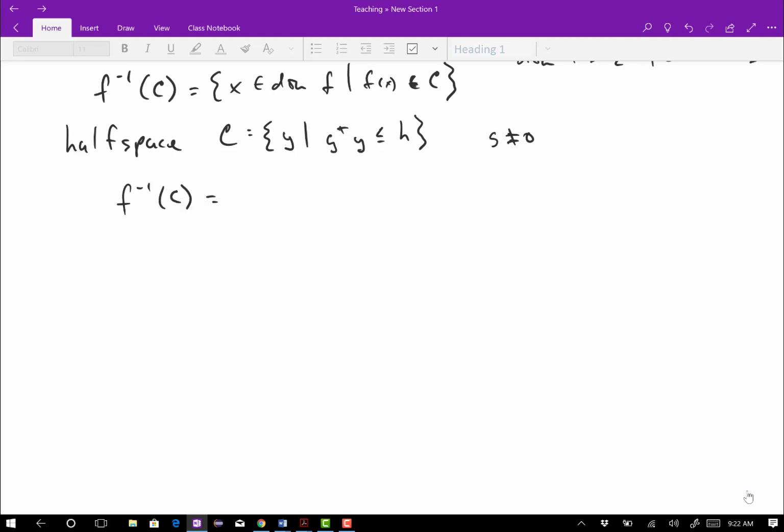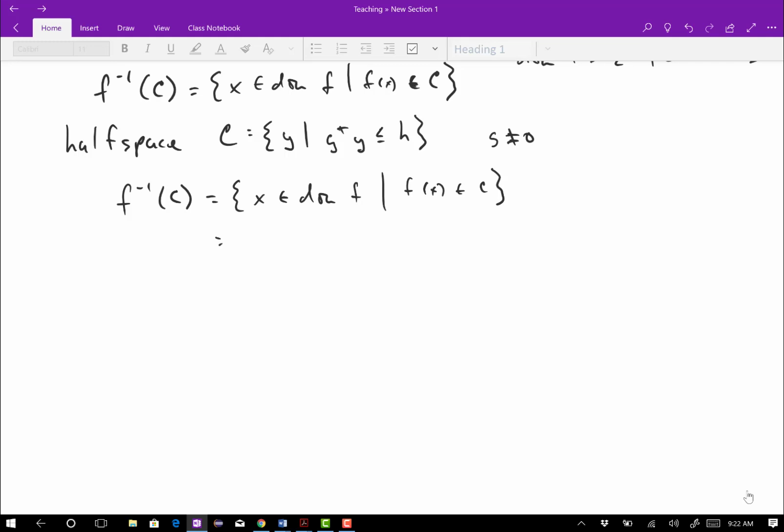And I'm just going to rewrite what I wrote originally so that we can start from there. So it's x's in the domain of f, where f of x is an element of C. And here we can put, so let's expand on this.